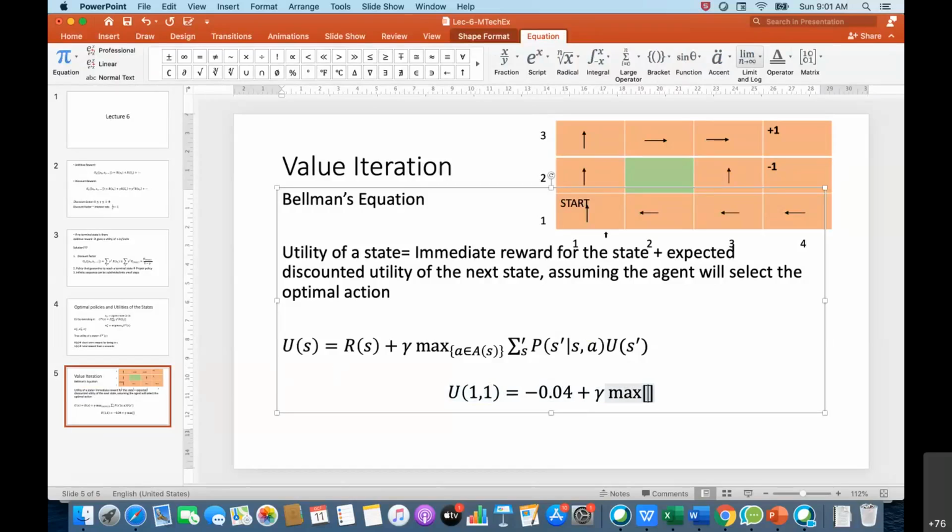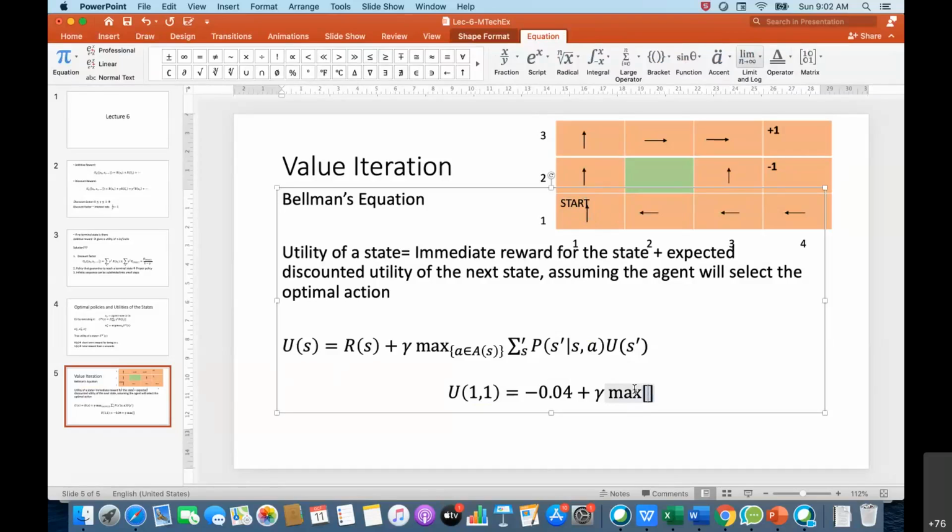You are computing it for this block. There could be four possible actions: up, down, right, left. For the agent, it has four actions that it can choose. According to our transition model, the probability of going up is 0.8, and the probability of going right or left is 0.1 each.